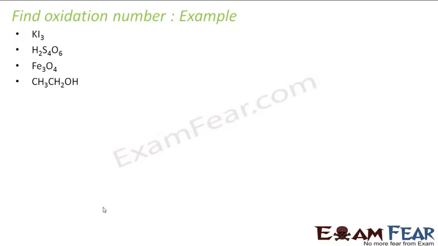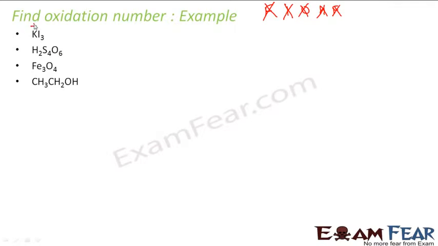Let's try to find the oxidation state of KI3. The same formula will apply. In this KI3, can we apply free element? No, it's not a free element. We can't apply ions. There is no oxygen, no hydrogen, and no fluorine. We will apply the next principle, that group 1 will have +1.